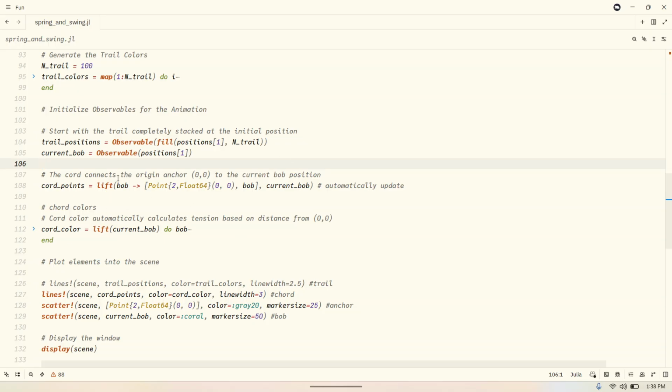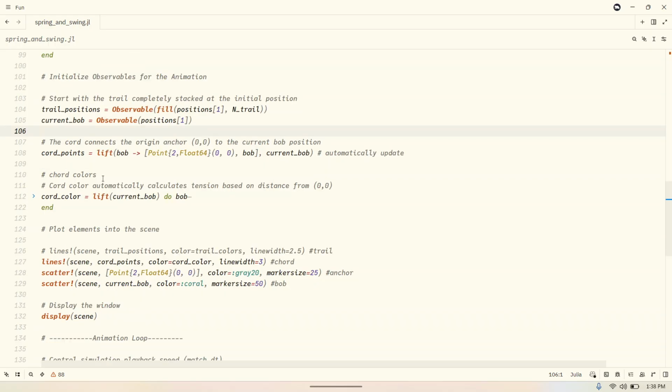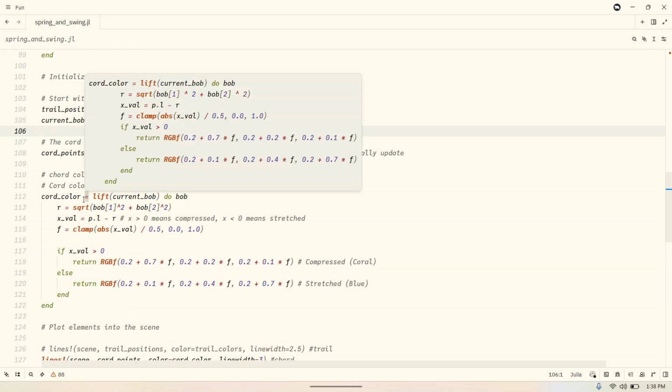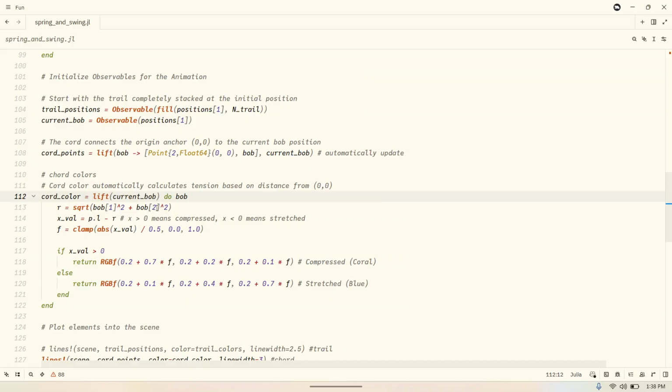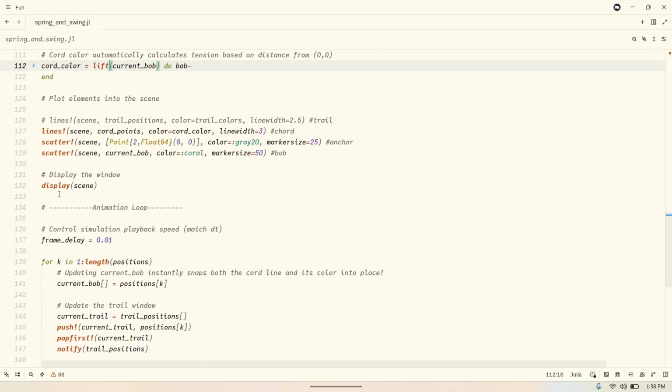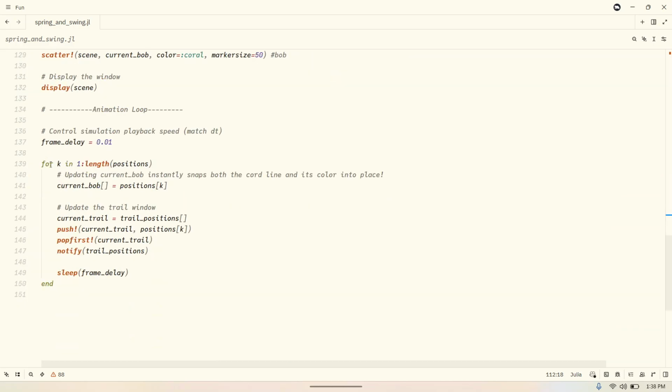You don't have to delete the thing that was previously there and update it with a new rendering object. It just does it automatically. I also do a cord color shift to simulate the tension in the cord, which I think was nice. It's looking better than just a black cord. And yeah, then I just run the frames.